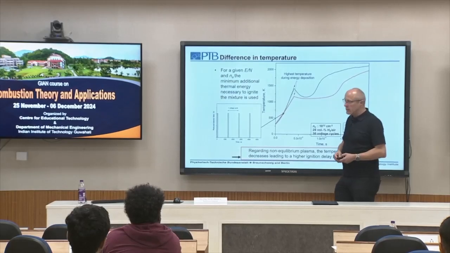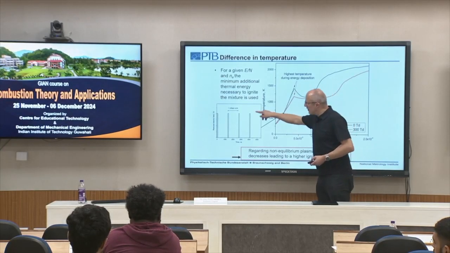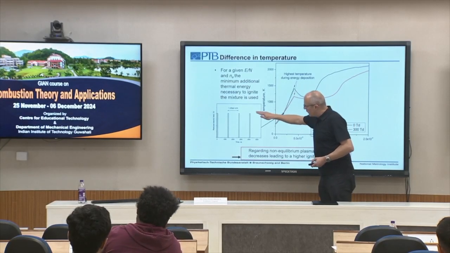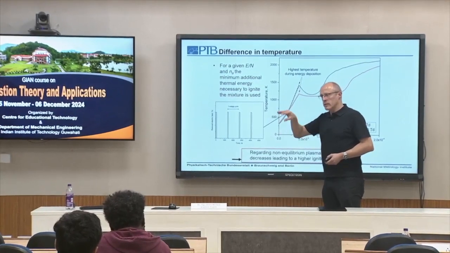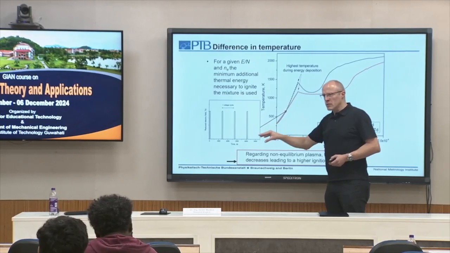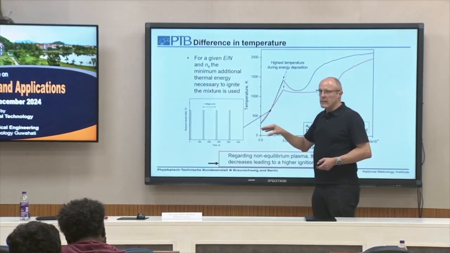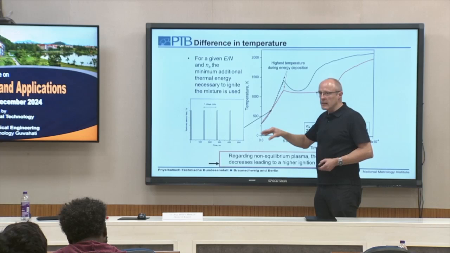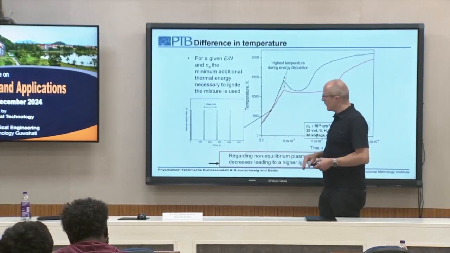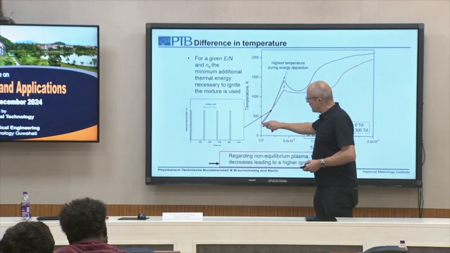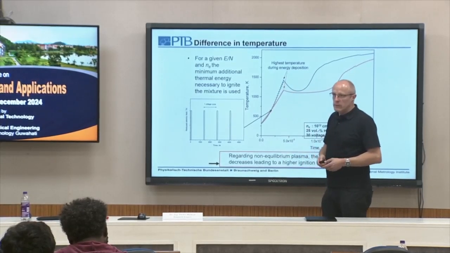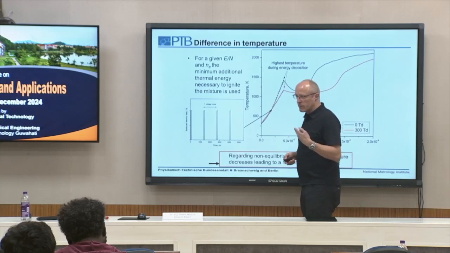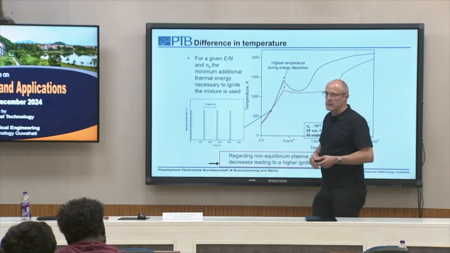But again, here we don't have any plasma effects. We have all the energy put in the source term representing the spark, the heating of the system. So if we use this with a continuous setup, the shape would be identical. So the final temperature would also be identical.